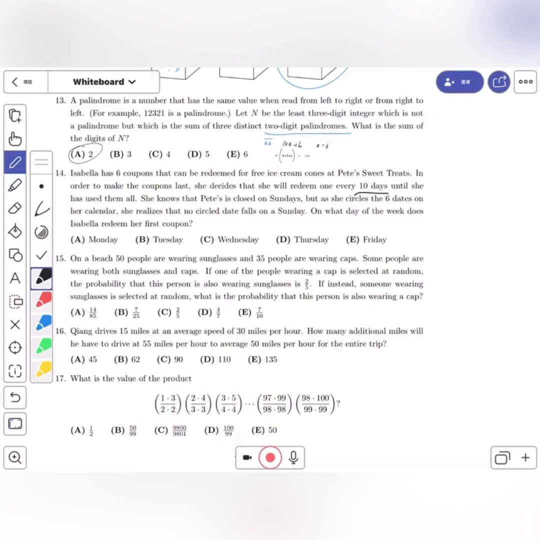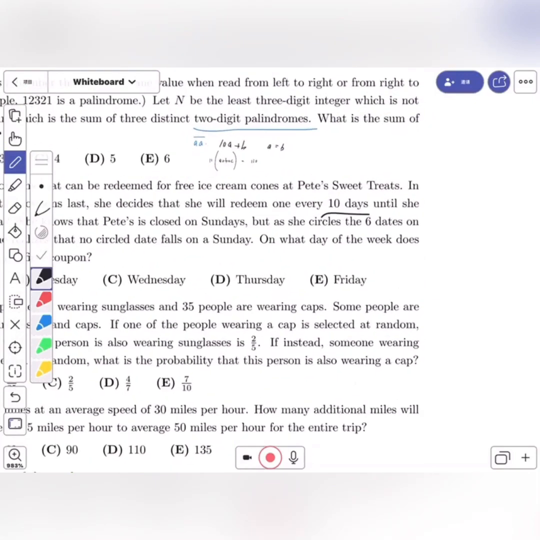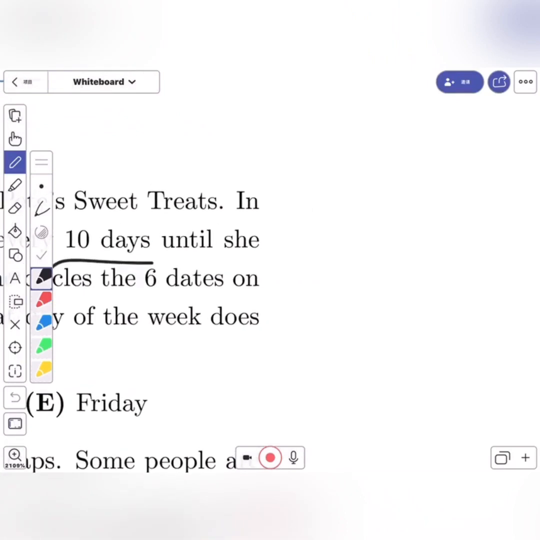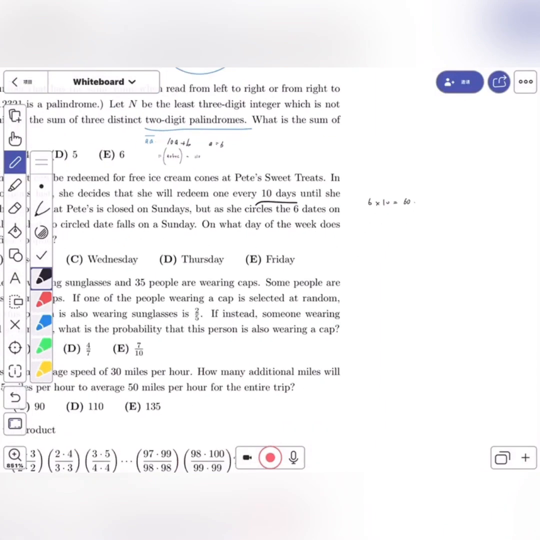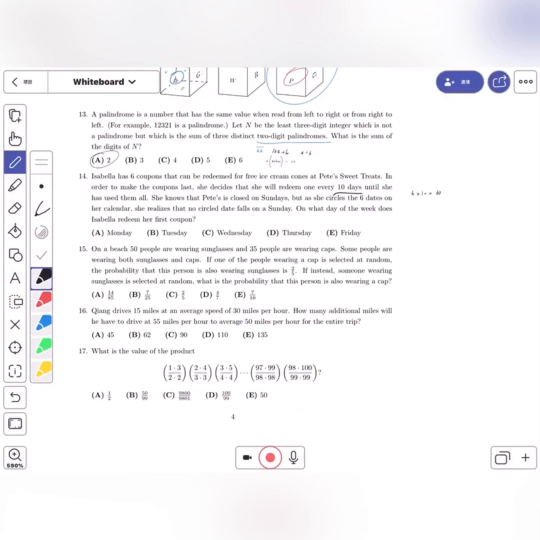So we're going to have 60 days, right? Every 10 days, 6 possible days, so we need a total of 60 days. Now let's just try each choice.